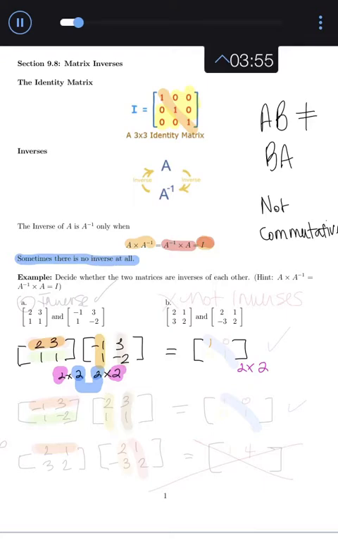Next, let's go to the first row and the second column. Again, multiply and then add. We multiply 2 times 3, which is 6, added to 3 times -2, which is -6. Well, +6 and -6 give us 0.